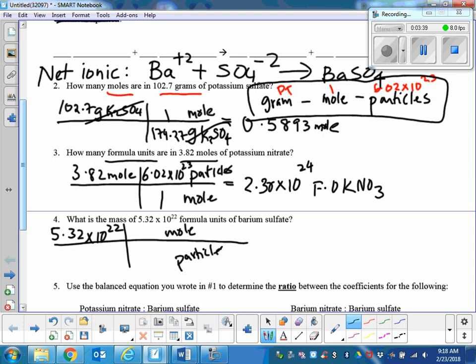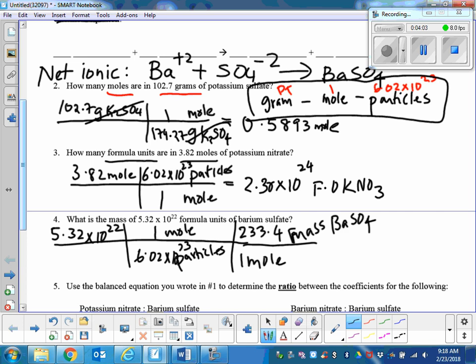So what is my number before my particles? 6.02 times 10 to the 23 is 1 mole. But I'm not done with the problem because it's asking me to get out of moles and get into mass. And the given substance is barium sulfate. And so if I calculate the mass of barium sulfate, which is BaSO4, I get this set up. Is that right? And then my answer is 20.6 grams of barium sulfate. Are we good?